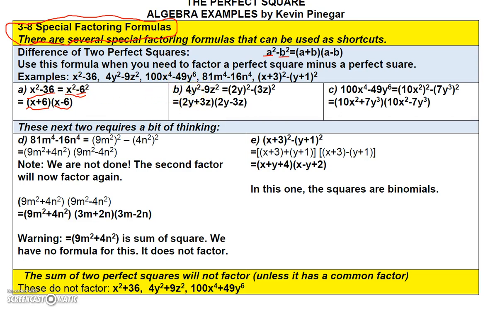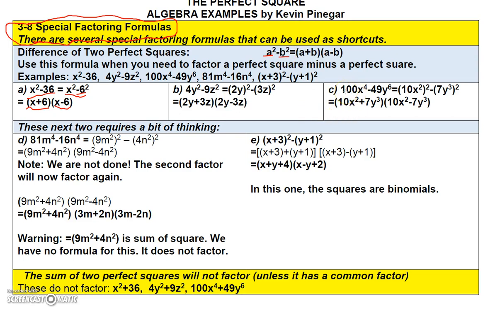So here I have 4y squared, which is a perfect square, minus 9z squared, which is a perfect square. Now I know 4y squared is (2y) squared, and I know 9z squared is (3z) squared. So that must factor into 2y plus 3z times 2y minus 3z. You see? So again, we're just using this formula up here.